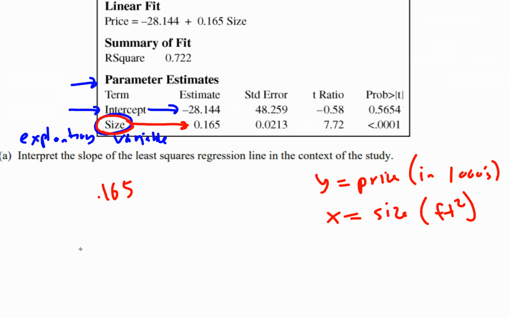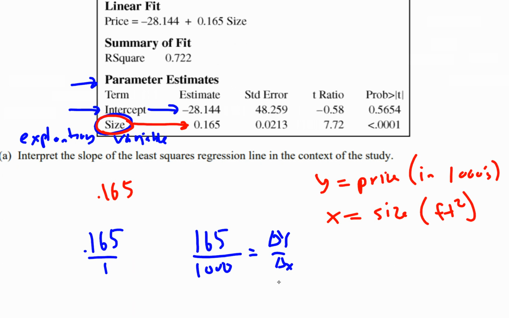You could just leave it 0.165 and then just put it over 1. You could put it 165 over 1,000. It's up to you. Don't forget that slope is always change in y over change in x.